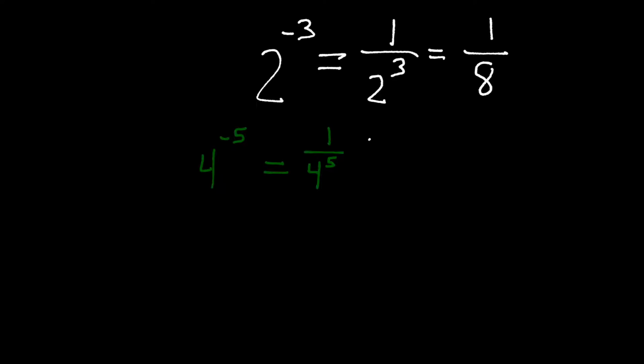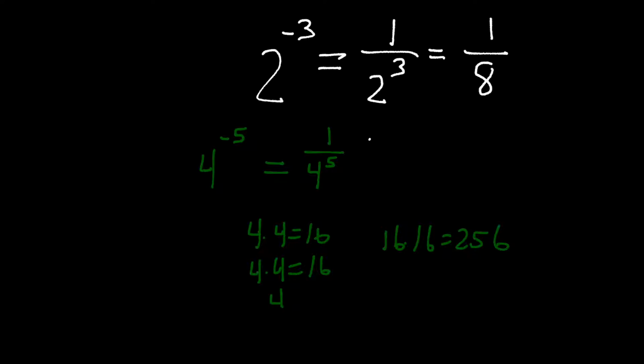And 4 to the 5th is, well, let's see if I can figure this one out. 4 times 4 is 16. I'm going to have another 4 times 4, which is 16. And then that's going to be multiplied by 4. So 16 times 16 times 4. 16 times 16 is 256.